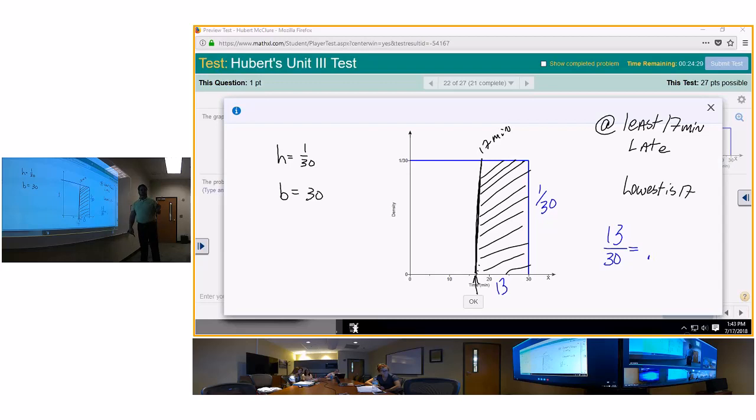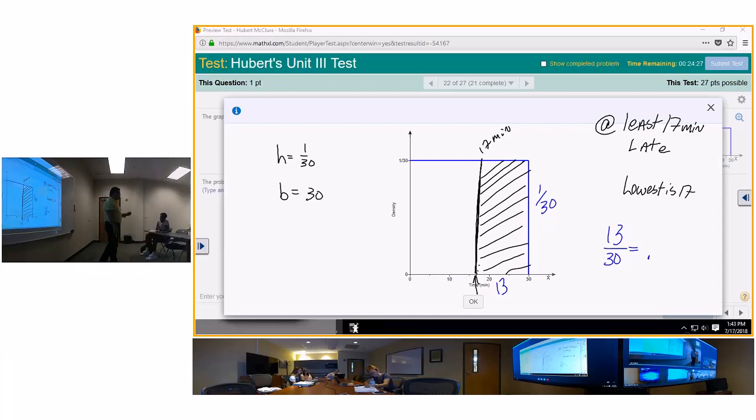Is it going to be less than 50% or more than 50%? Less, because you drew a picture. 0.4333. So there's a 43% chance that he's going to be at least 17 minutes late.